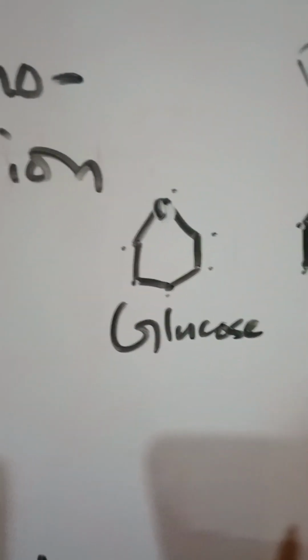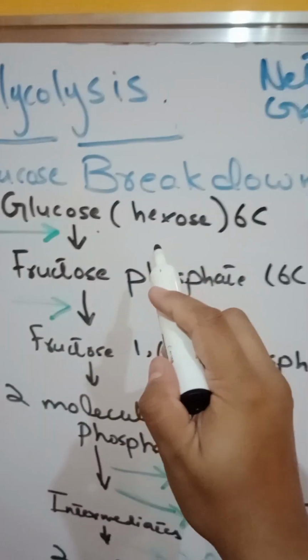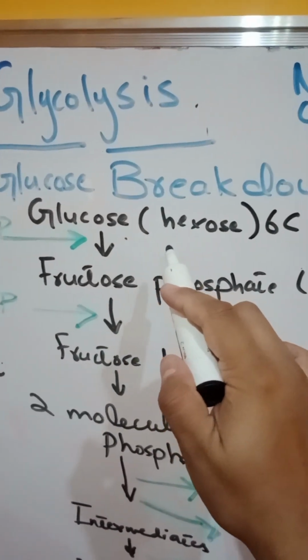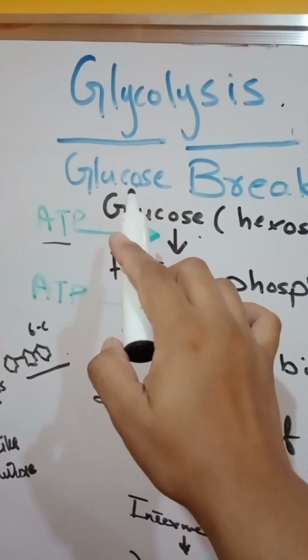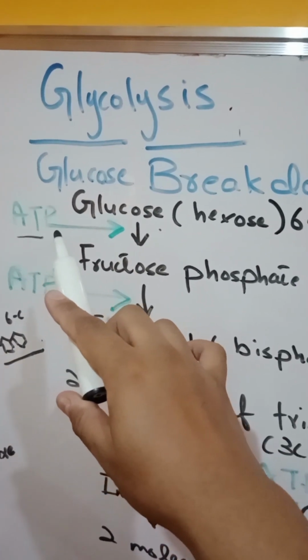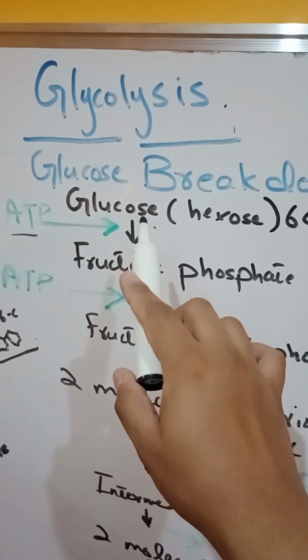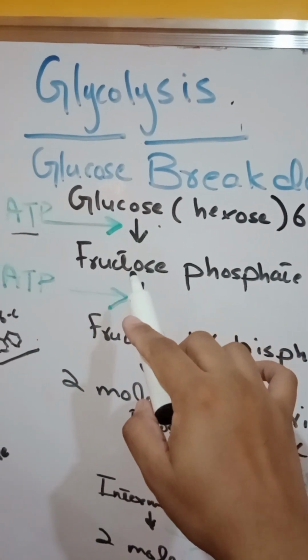Now moving towards our glycolysis. Glycolysis is the breakdown of glucose. An ATP molecule will be added to glucose, which is the hexose.